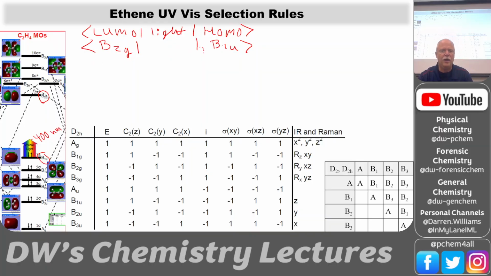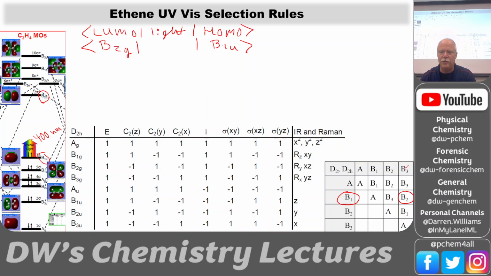Now we've got to figure out if there's any light that would essentially convert B1 into B2. So here's a B1, and I want to end up at a B2, so that when I take B2 times B2, I get A1. Okay, so I'm kind of jumping ahead.